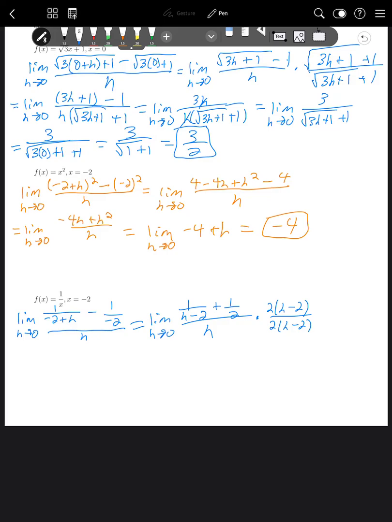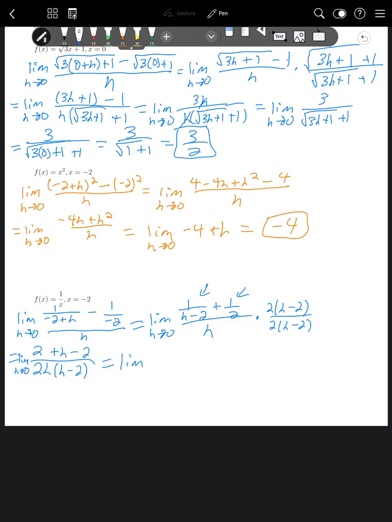So when we multiply in this first term, the h minus 2's cancel. So it's just 2 times 1, which is 2. When I multiply it times the second term, the 2's cancel. So it's just h minus 2. And then on the bottom, we just get 2h times h minus 2. And I forgot the limit. So that's the limit as h approaches 0.